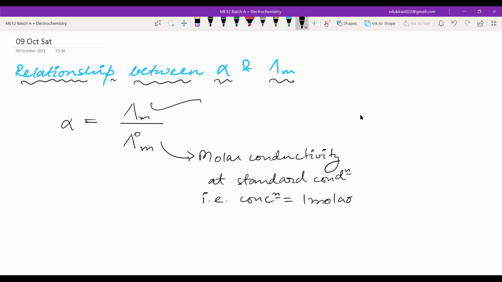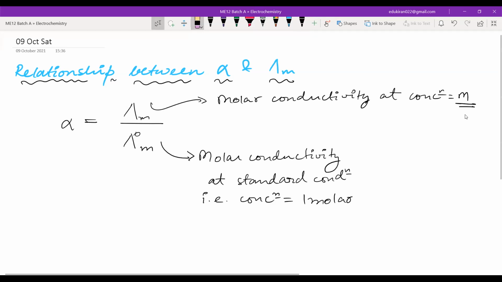And this is the molar conductivity at concentration m. That means if we take any concentration m, we have the molar conductivity of that concentration and the lambda naught from the literature, and from there we can determine the approximate degree of dissociation.